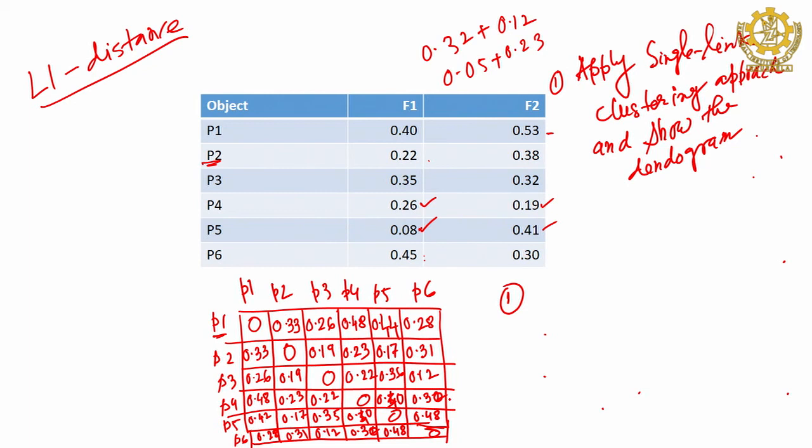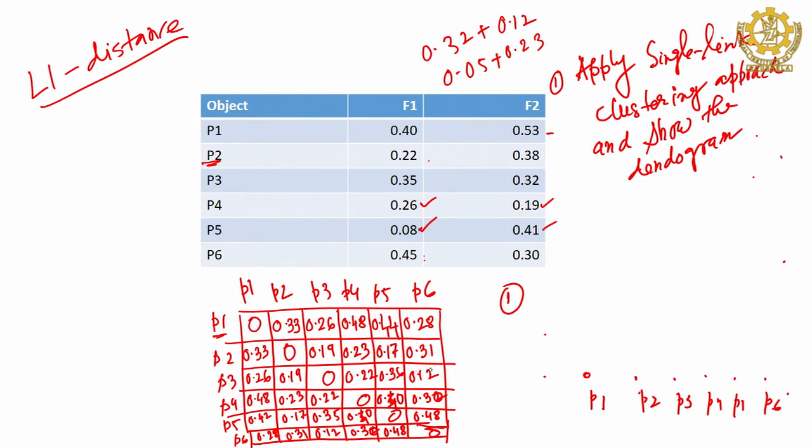P2 P3, P2 P5. No, this is how much? 0.12. P3 P6 is minimum. Then you put the points P1, P2, P3, P4, P5 and P6.